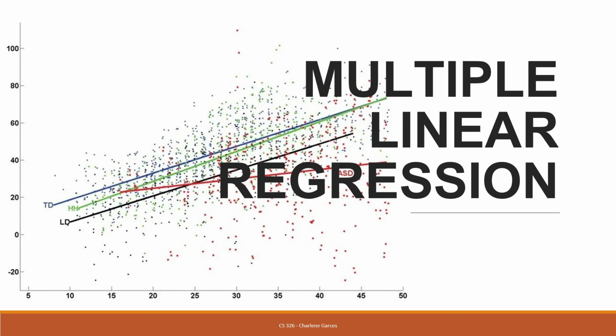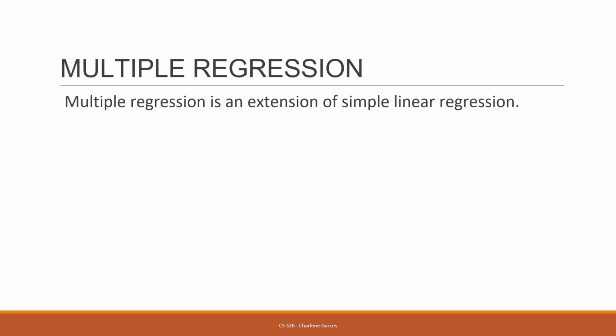Okay, so the next one is the multiple regression. Earlier, we were mostly focusing on one dependent variable and one independent variable, which is bivariate regression. And now we will further go to the multiple regression. Multiple regression is an extension of simple linear regression.